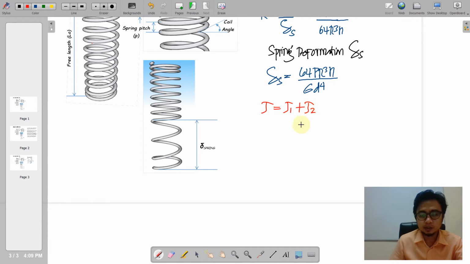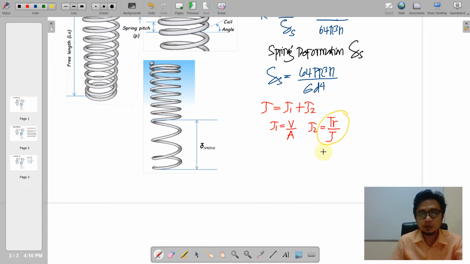So that is tau 2. We have the first stress, the simple formula: shear force all over the area. And then we recall the formula T R all over J for the torsional stress, which involves shearing deformation.